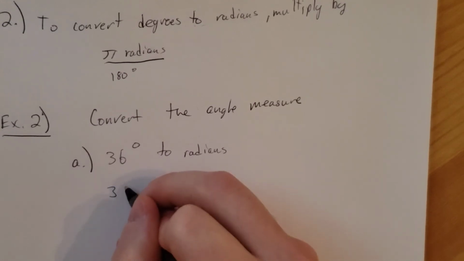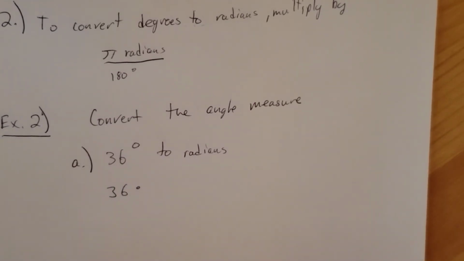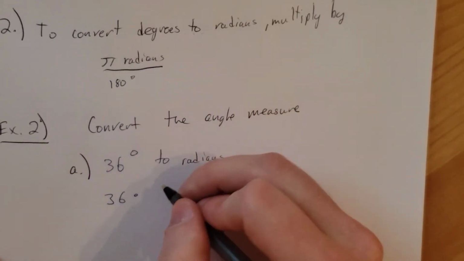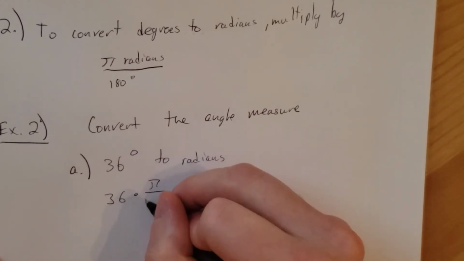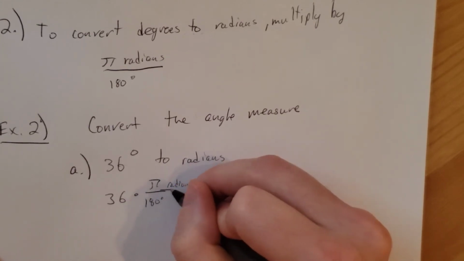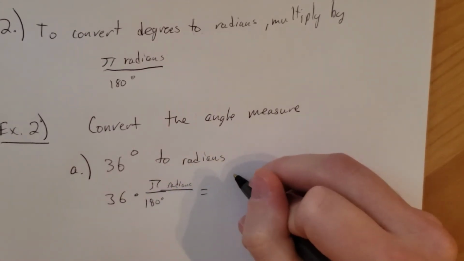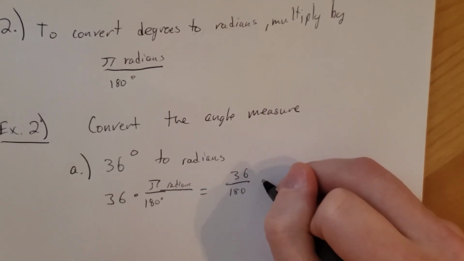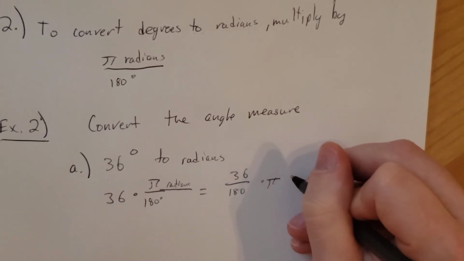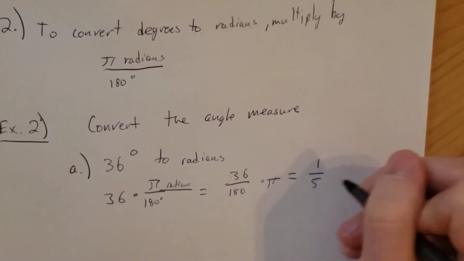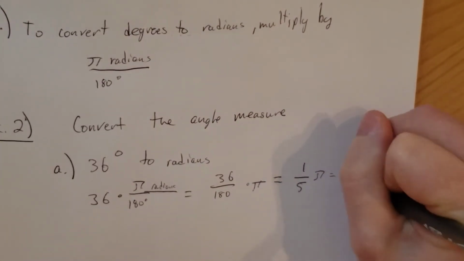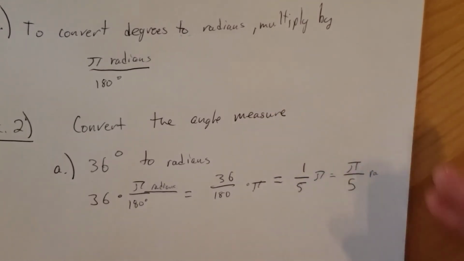We take 36 degrees and to convert from degrees to radians, we multiply by pi radians over 180 degrees. So this is equal to 36 over 180 times pi. 36 over 180 turns out to be 1/5 times pi. So more often we might write this as pi over 5 radians.